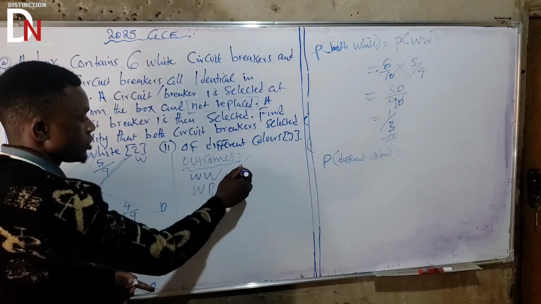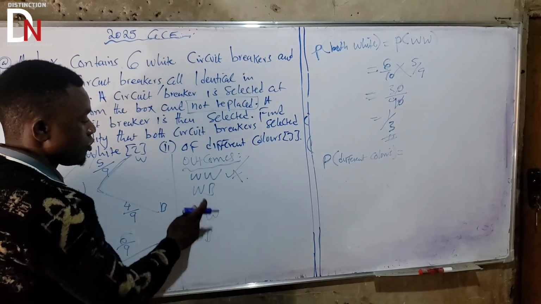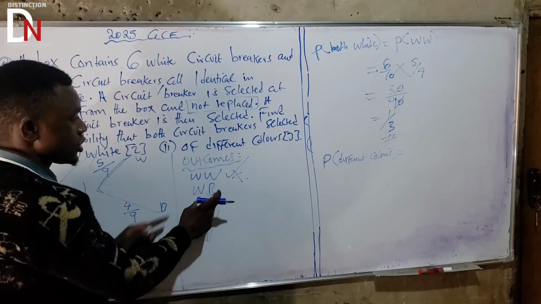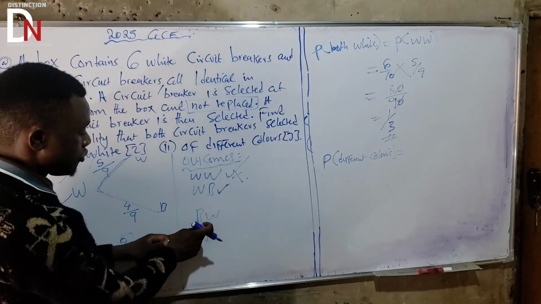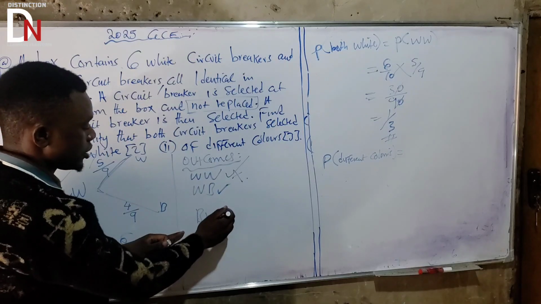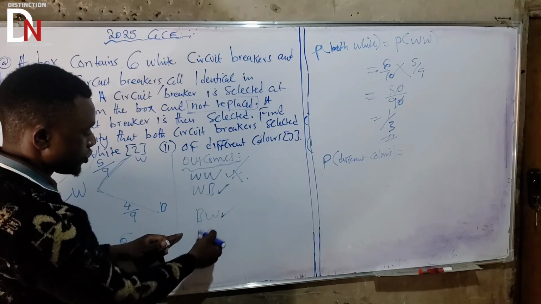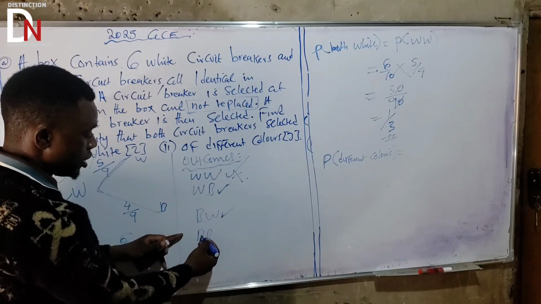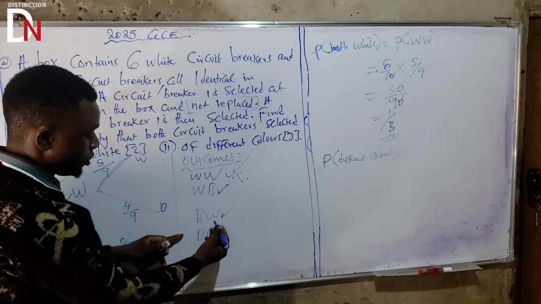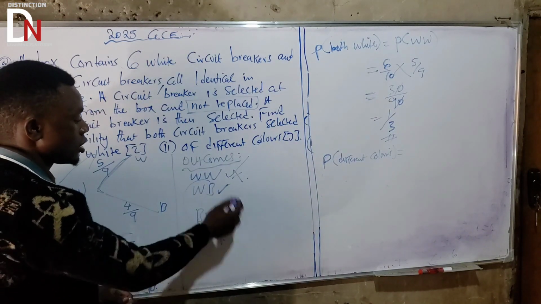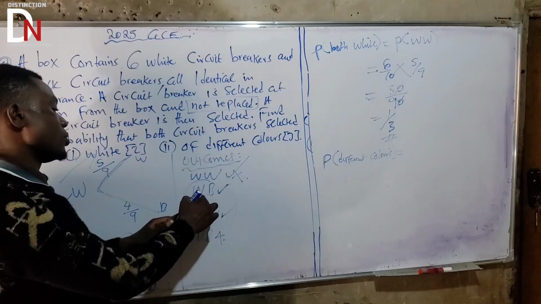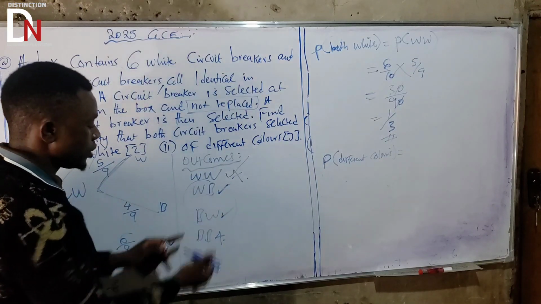This is the same, so this doesn't qualify. We have white, black. So this is 2 different colors, like that. This qualifies. We have black and white. This also qualifies because they have 2 different colors. Here, both are black, so this doesn't qualify. So our main interest is in white, black, and black, white.